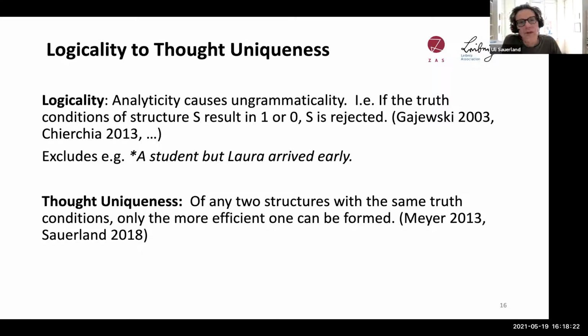Now, this is still possible to look at in the way of: you map a sentence to the meaning 1 or 0, and then you mark that as ungrammatical, if you have a sentence and determine the truth conditions of the sentence. But thought uniqueness is an extension of this idea that compares two possible structures and says if the two have the same truth conditions, only the more efficient, simpler one can actually be formed.